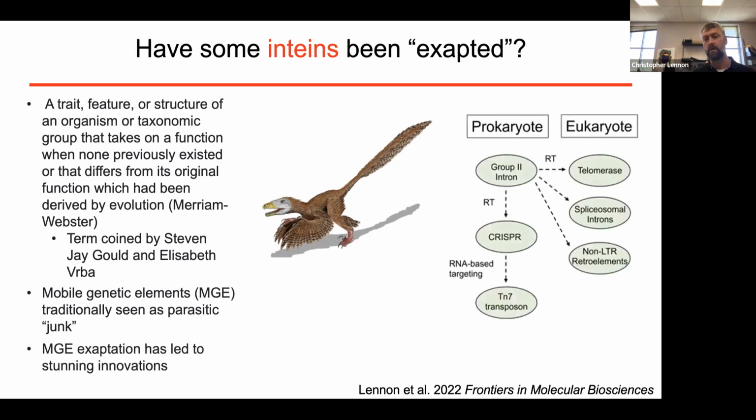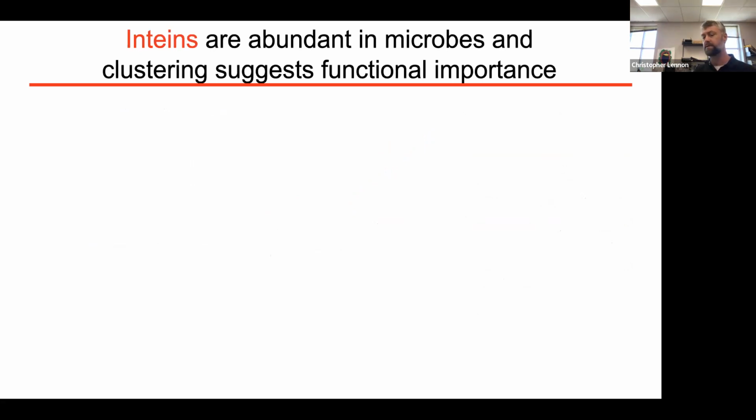But it turns out that mobile genetic elements have been exapted and have actually led to really stunning evolutionary adaptations. Most notably, one example is a group 2 intron, which has actually led to spliceosomal introns in us, which are quite important.